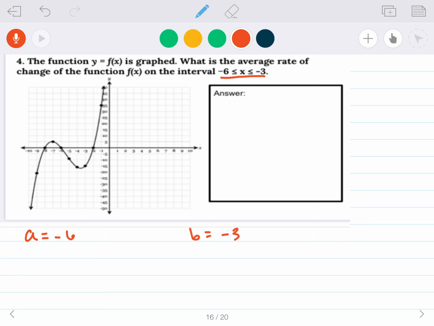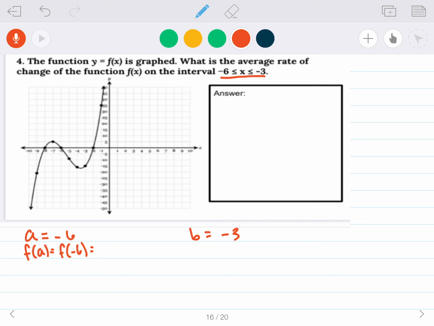And so what we're trying to do with the rate of change is we're trying to figure out the steepness of the line segment between the point when x is negative 6, so this guy right here, and negative 3, which is right here. So we're trying to figure out the steepness of this segment. Okay, so what is the output value corresponding to A is negative 6? So what is f of A? What is f of negative 6?